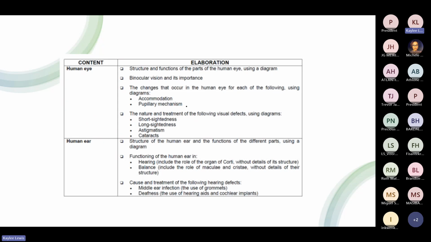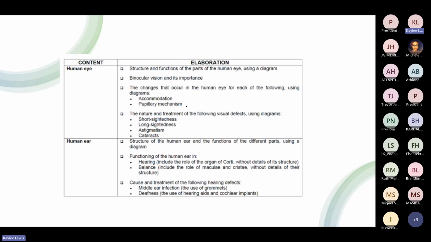And then if we move on to the human ear, again, you need to know the structure and function of the different parts using a diagram. Then you need to know how the ear is involved in hearing and balance, and then also hearing defects. Again, like I said, they are asking a few questions on the defects in the eye and the ear lately.